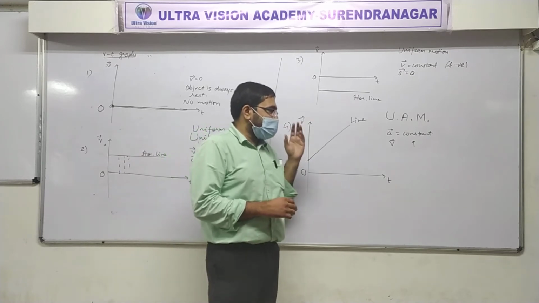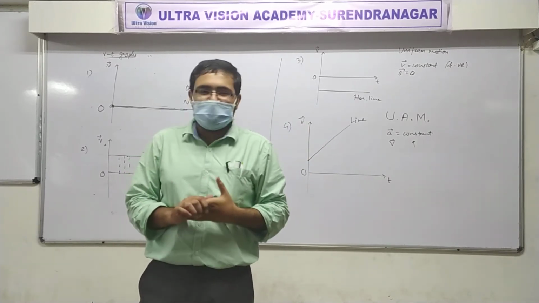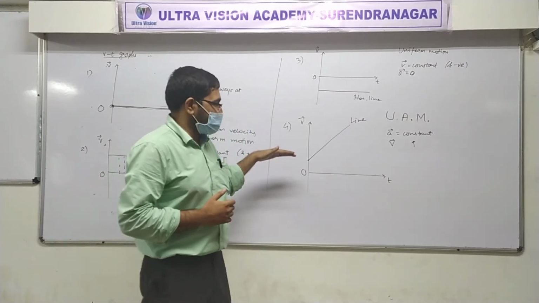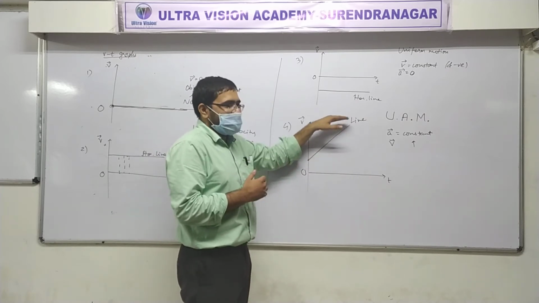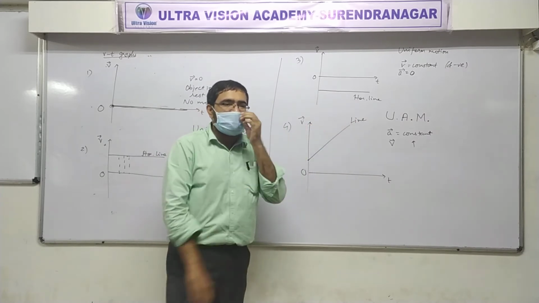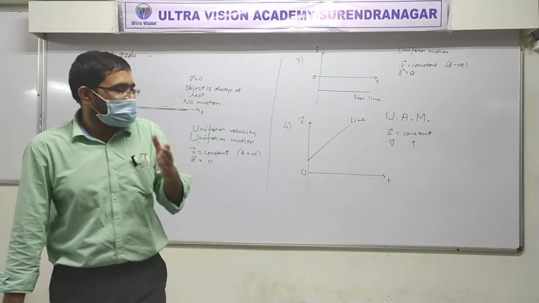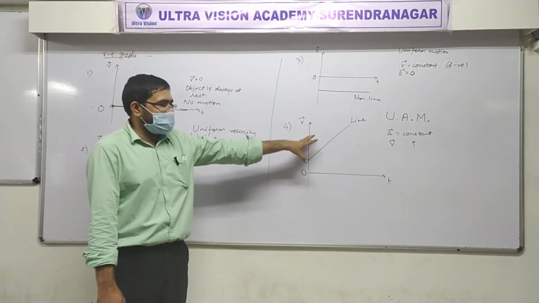Instead of saying increasing or decreasing, I would rather describe it as changing towards positive. First it was probably plus 2, then after some time it will become plus 4, plus 6. That is, it is changing towards the positive. Anything else that you can describe by looking at this graph?